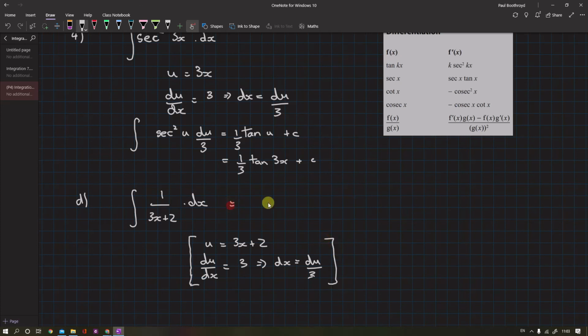So we're now trying to do an integral of 1 over u with respect to u over 3. Integrating 1 over u gives me a log plus a constant, which then turns into 1/3 the log of the modulus of the function plus some value c.